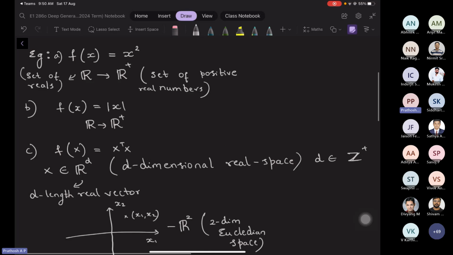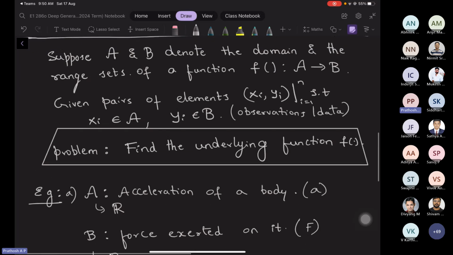What I mean to say is that suppose A and B are two sets, which are the domain and range sets of a function. And if you are given elements which are pairs from these two sets, the underlying problem is to identify what the underlying function is that relates elements of A to elements of B.